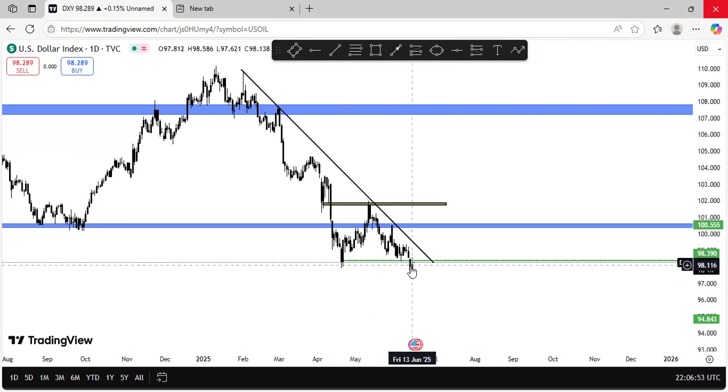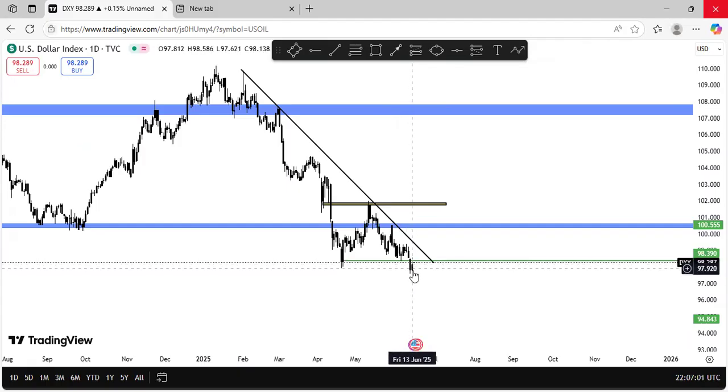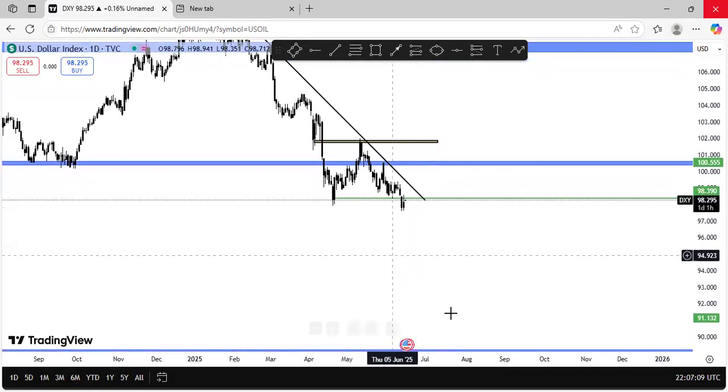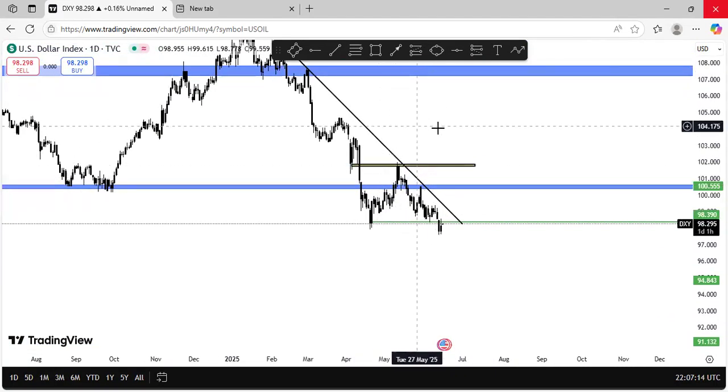We can see price finally breaking this minor zone. At the point in time I'm making this recording, the price is basically trading underneath this zone. So we've broken, and we should expect further downside. That's my analysis on the XY.